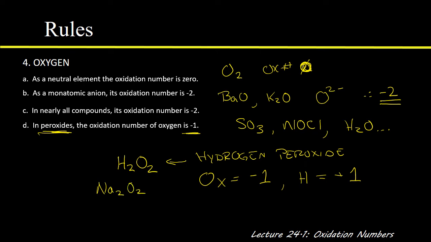Those are fairly rare, but they are out there. You might see them in some of the problems in the textbook, or rarely you might see them on a quiz or a test. This one, however, hydrogen peroxide, is pretty common, so there's a decent chance that you'll see that one. All right. So just remember that for peroxides, the oxidation number of oxygen is -1 instead of -2.